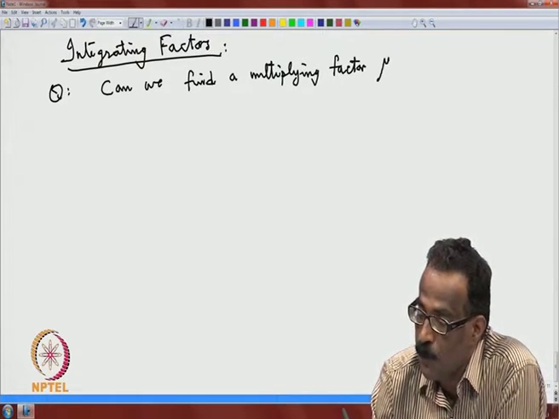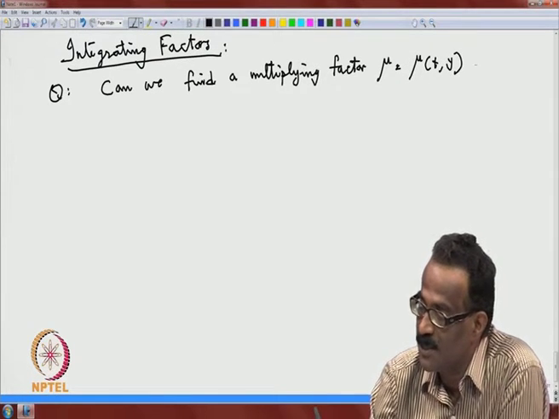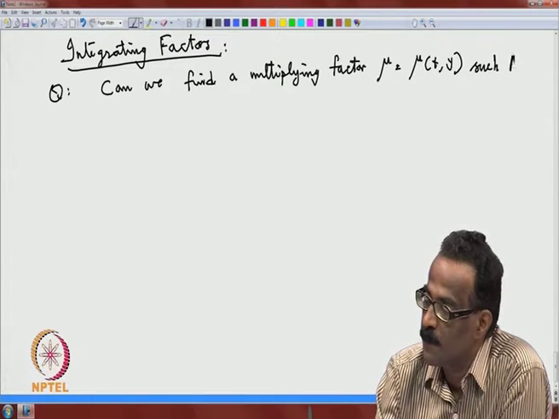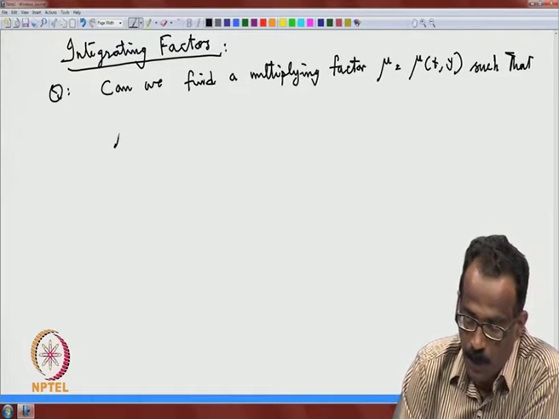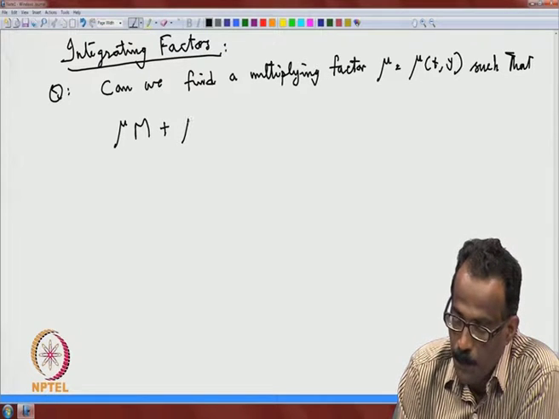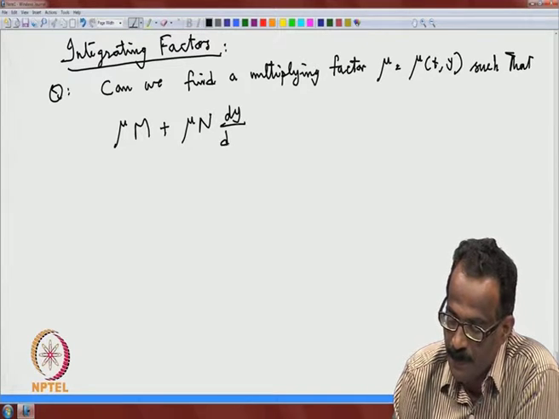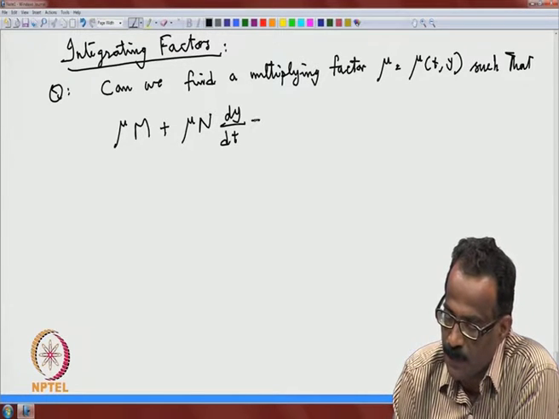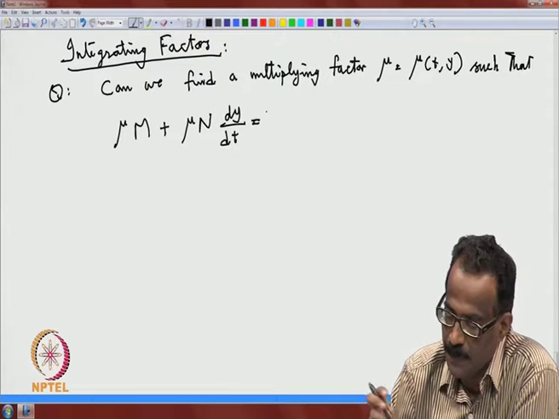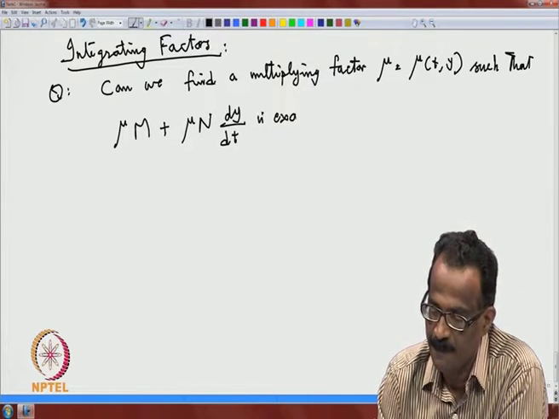So, multiplying by mu, a function of t and y, such that mu m plus mu n into dy by dt equal to 0 is exact. You are interested in finding that it is exact.